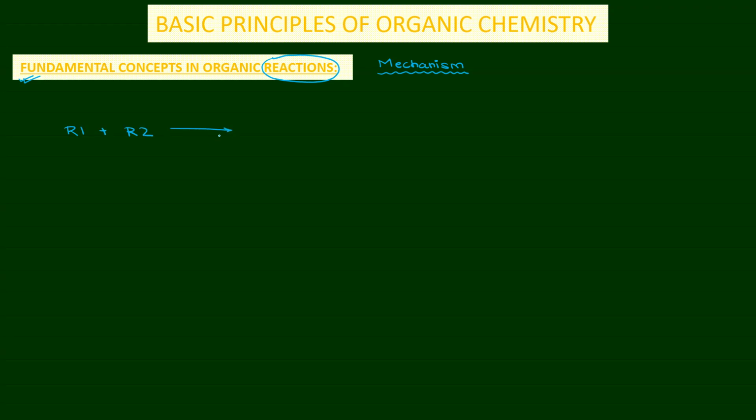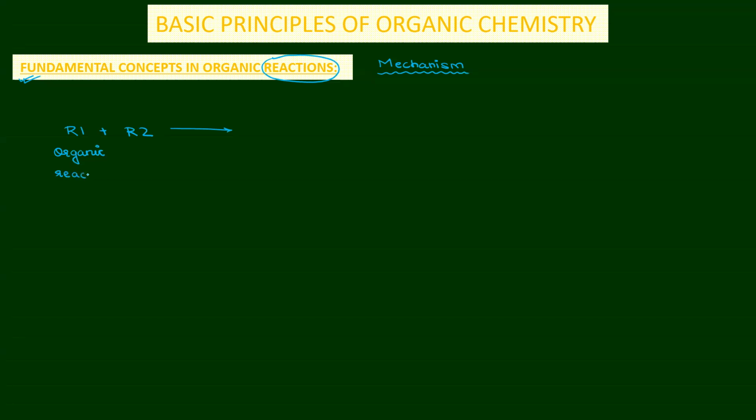In case of organic reaction, the reactant which contains the carbon and has the functional group which is getting converted into another functional group, that particular organic reactant is called the substrate.